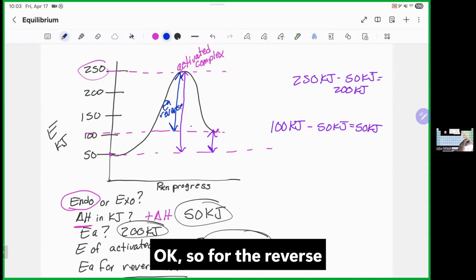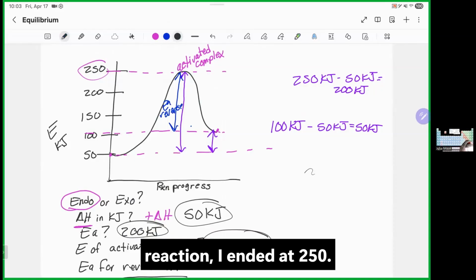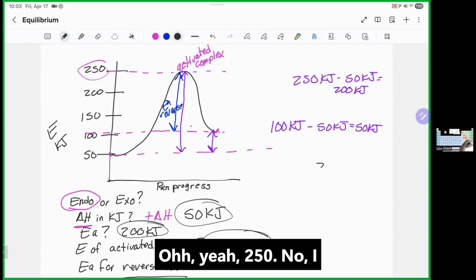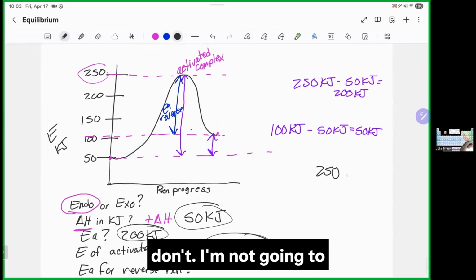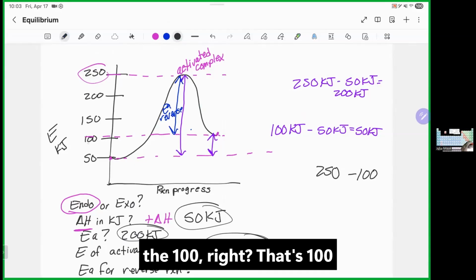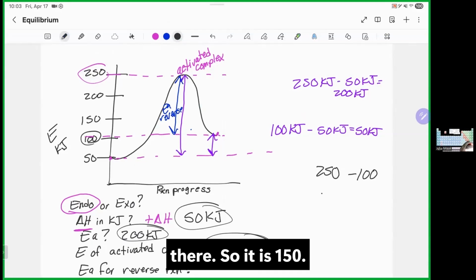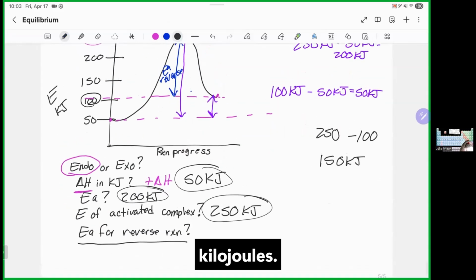Okay, so for the reverse reaction, I'm going from 250 minus the 100, right? That's 100 there. So it is 150 kilojoules.